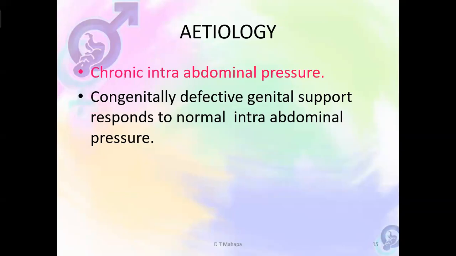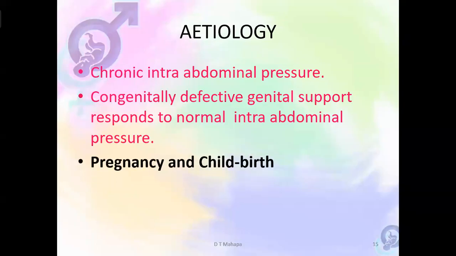Patients with connective tissue disorders will have pelvic organ prolapse. Those are the type of women that I said, even if they haven't delivered vaginally, will have it. But the commonest culprit is pregnancy and childbirth.